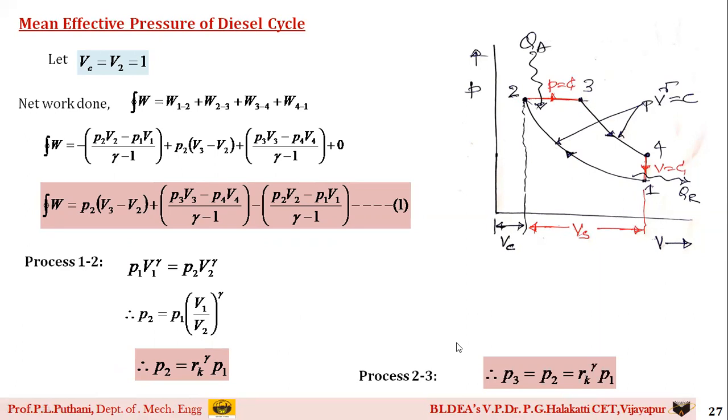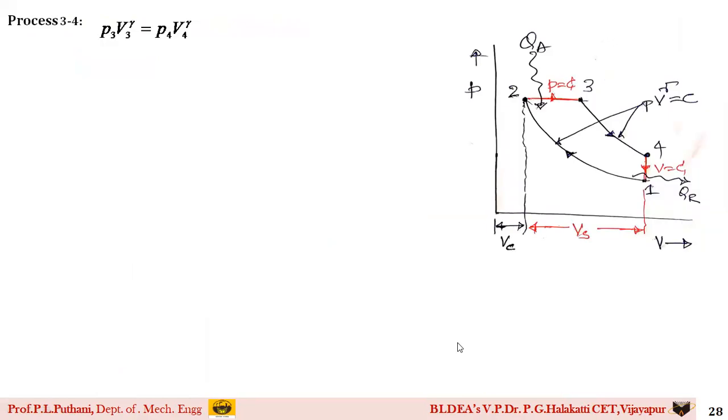Now I will start writing for the next process, that is process 3 to 4. I have written the PV relation, P3 V3 raised to gamma is equal to P4 V4 raised to gamma, or I can write it in this form, P4 is equal to P3 into V3 by V4 raised to gamma. Here, important, please observe in the PV graph, students.